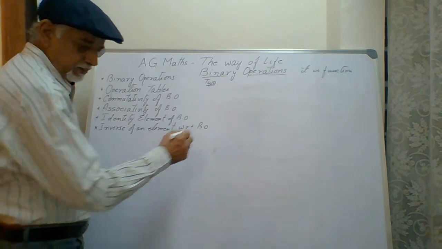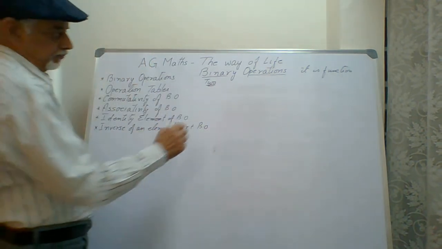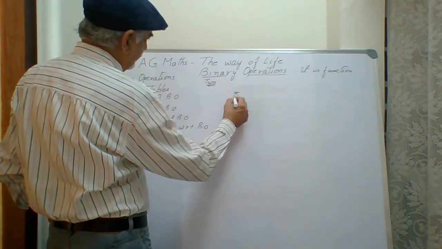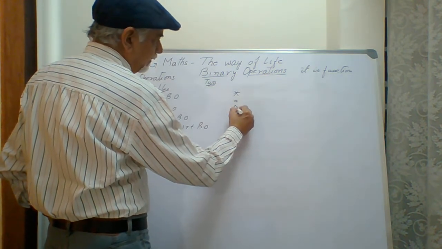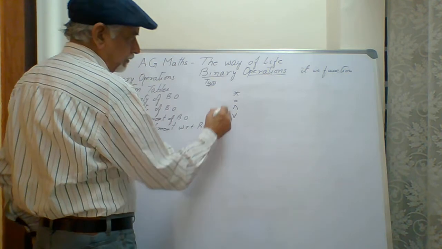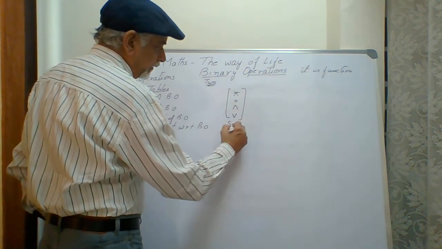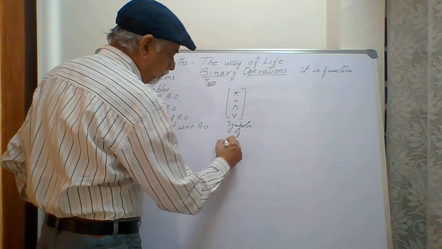If I say binary operation, I write like this. There are some symbols, like you can write a small 0, or a symbol like an inverted V, or this. These are the symbols of binary operations.